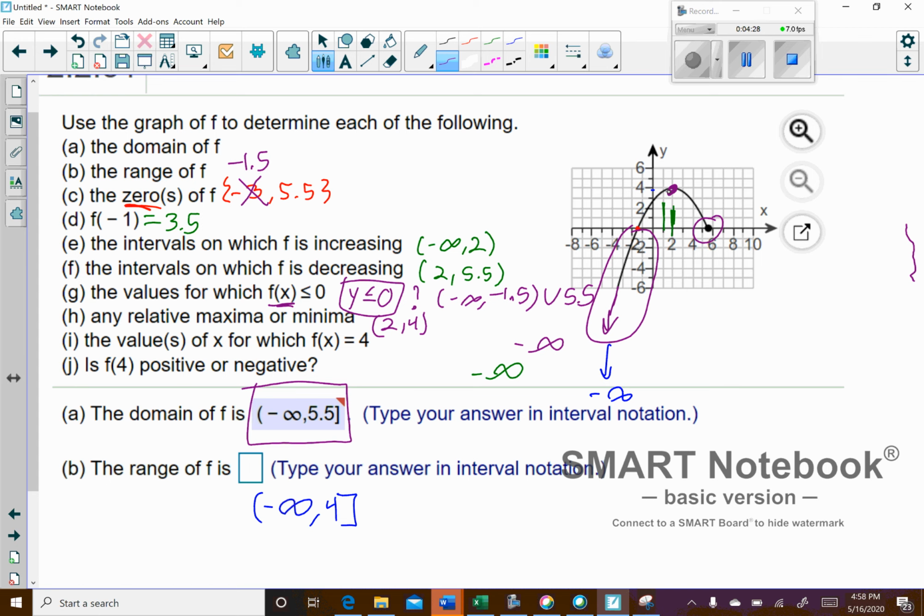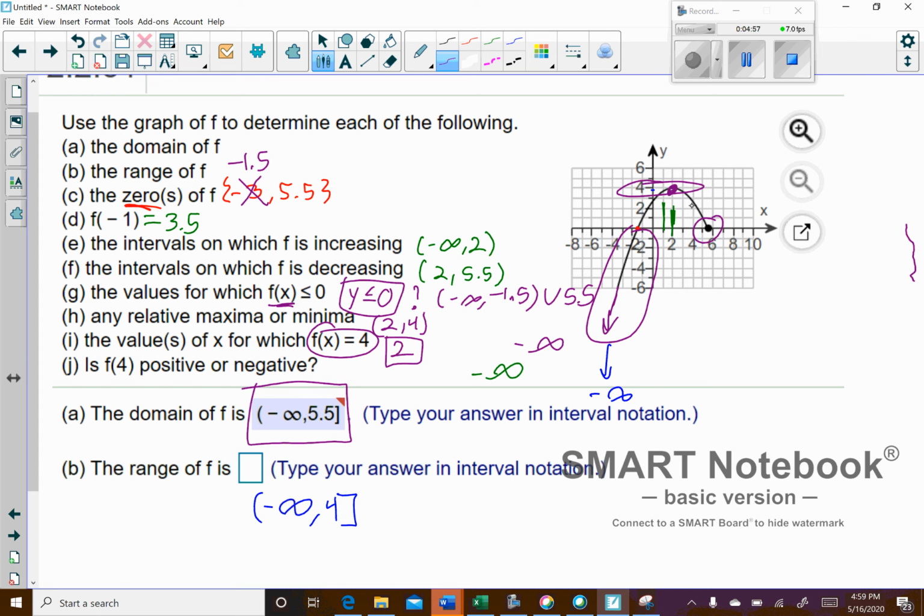Part I, which values of x for which f of x equals 4. So basically, once again, if you understand what they're asking here, it's not that difficult. They're asking you what x values does y equal 4. So y equals 4 at that value of 2 that we were just looking at for the relative maxima right there. So when x is 2, y is 4, and that seems to be the only one.